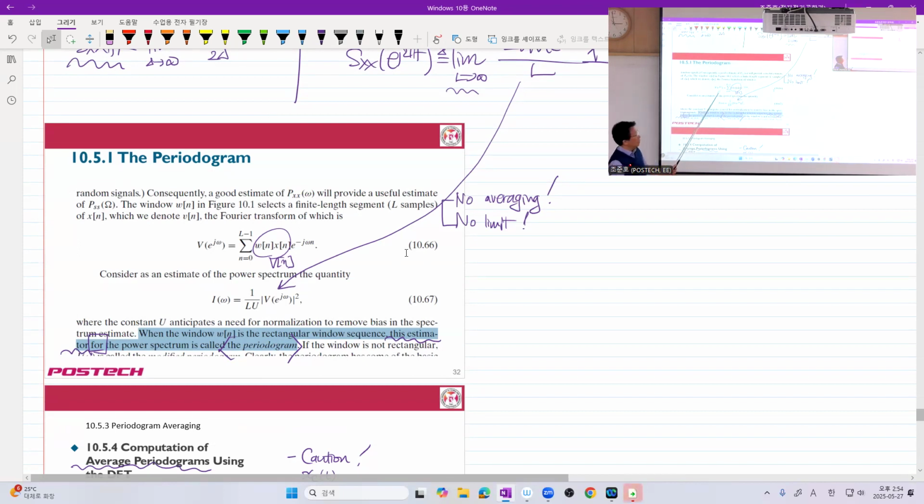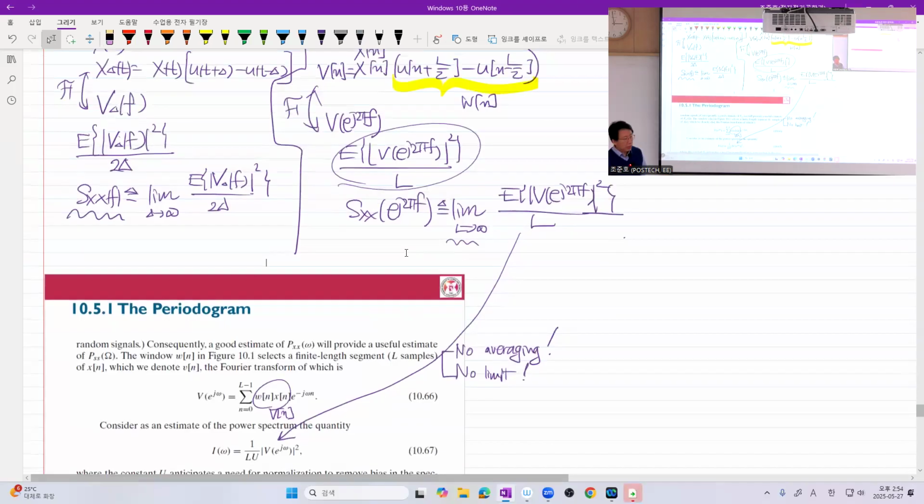That is V of e to the j omega. The problem is that we don't have any other observation. So we may not rely on the ensemble average. So this average is just dropped. And also, this limit operation is dropped.